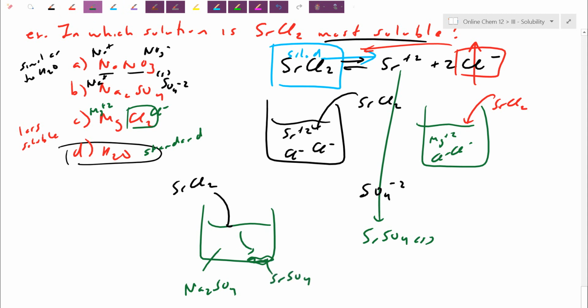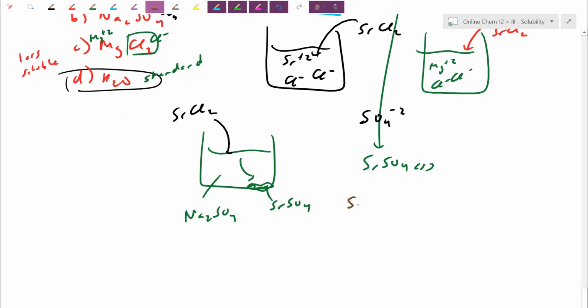But as it pertains to my very starting equilibrium, the equilibrium that I'm interested in, some of the strontium will be tapered off because of the precipitation. That's actually going to cause the strontium chloride to end up dissolving better. So again, let's write that in words here.